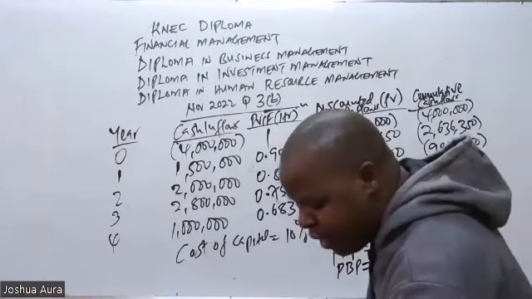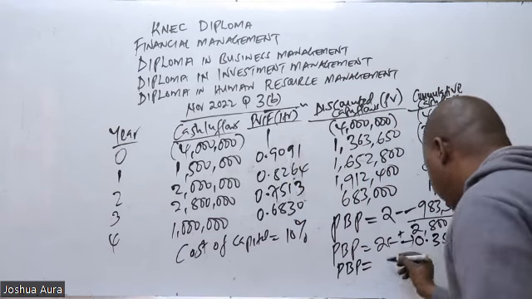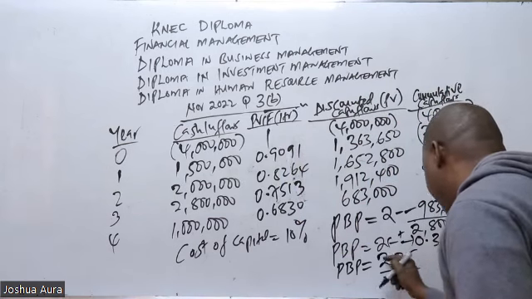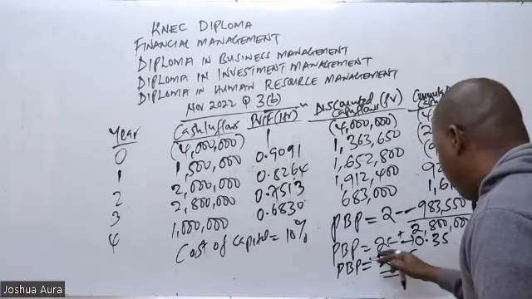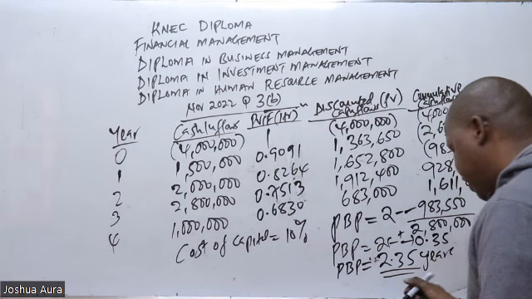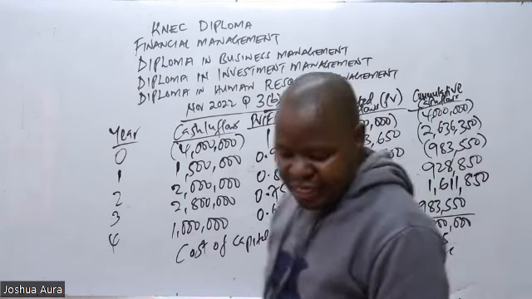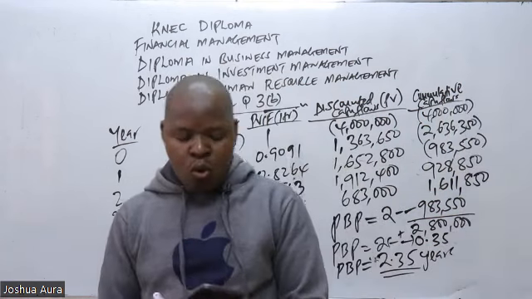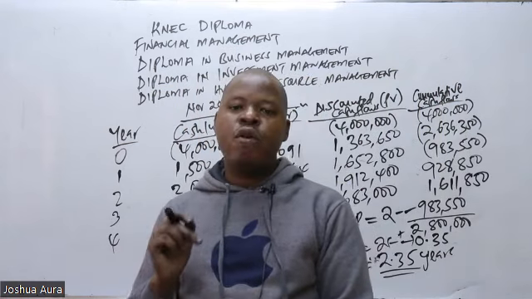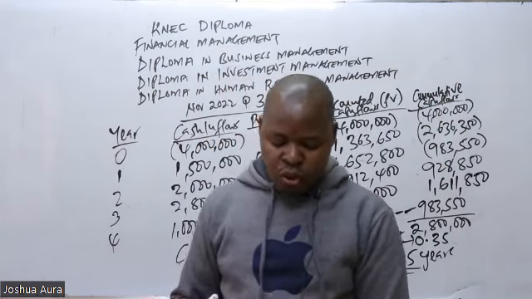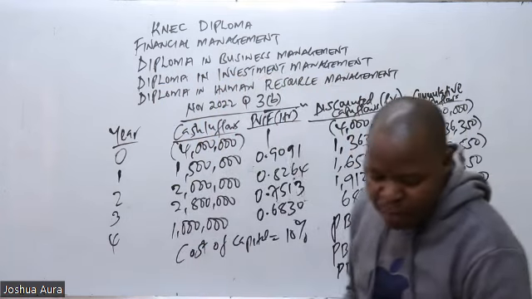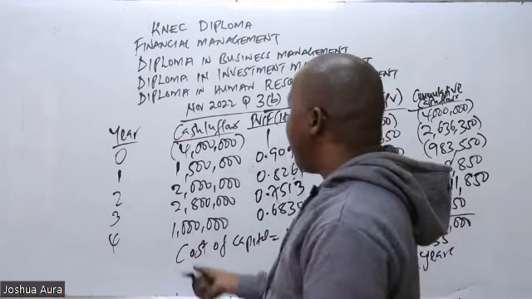So our payback period will be 2.35 years. And that is how you should have solved that question of November 2022, question 3B Roman 1.